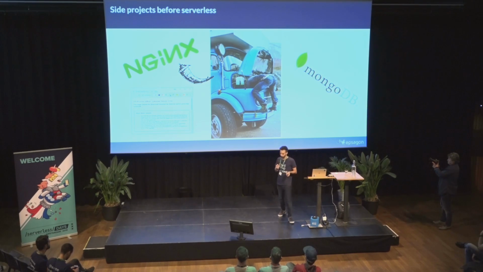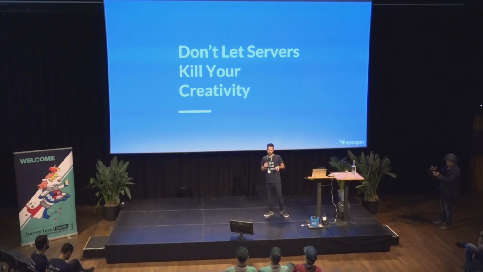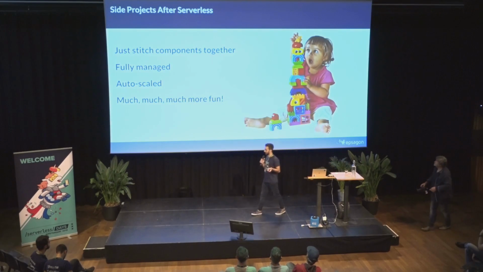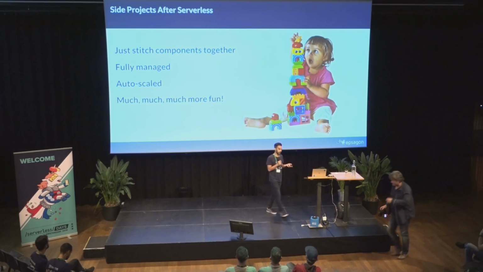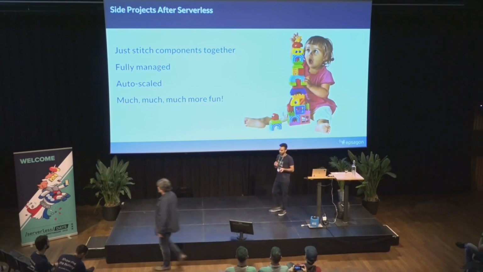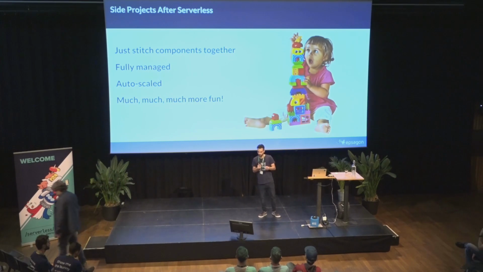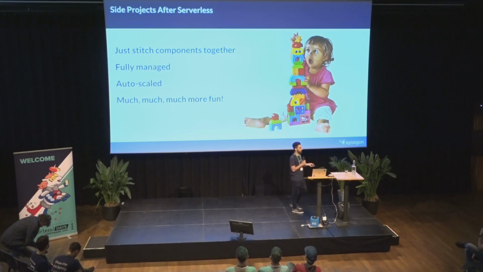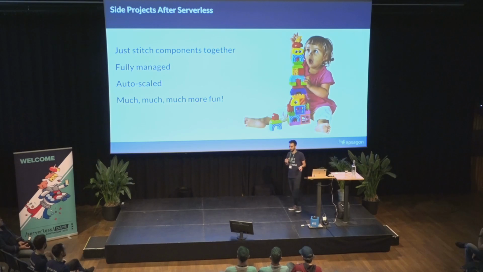And these are the kinds of things that really kill your side projects, and I decided not to let servers kill my creativity. So I went with the obvious serverless, because with serverless, as many of you who experiment and probably have it in production know, it's like Lego, right? You just stick components together, it's fully managed, everything is also scaled, and so I decided to design my project with serverless.